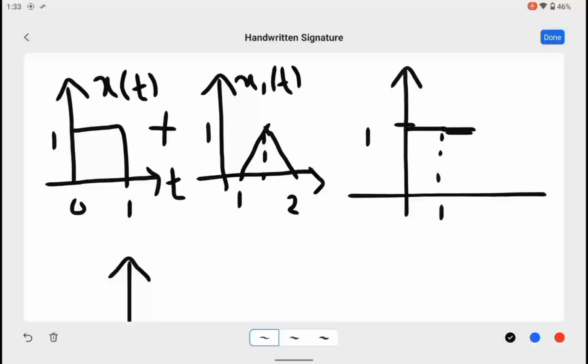After 1.5 the signal's amplitude starts to decrease gradually, and it reaches 0 at the time period 2. Okay, this is what the actual addition is.